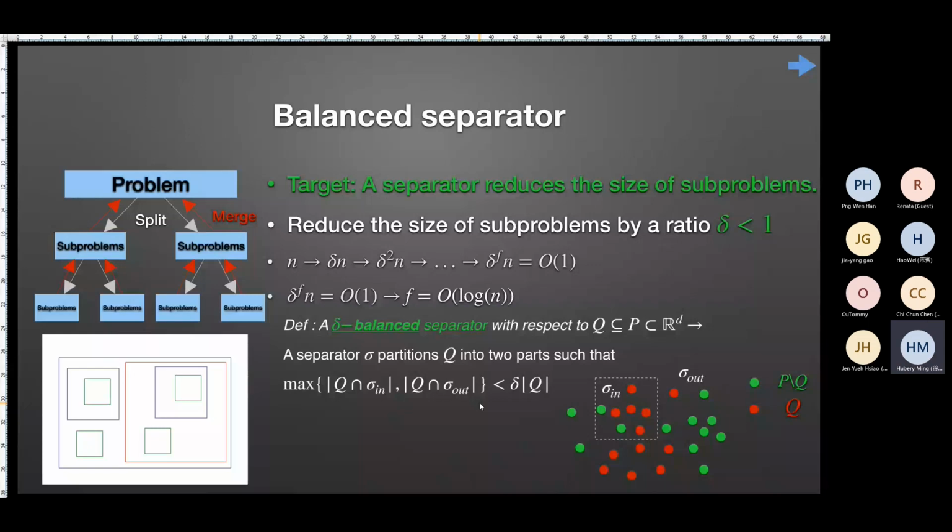And with this separator, we could efficiently reduce the size of the subproblems.